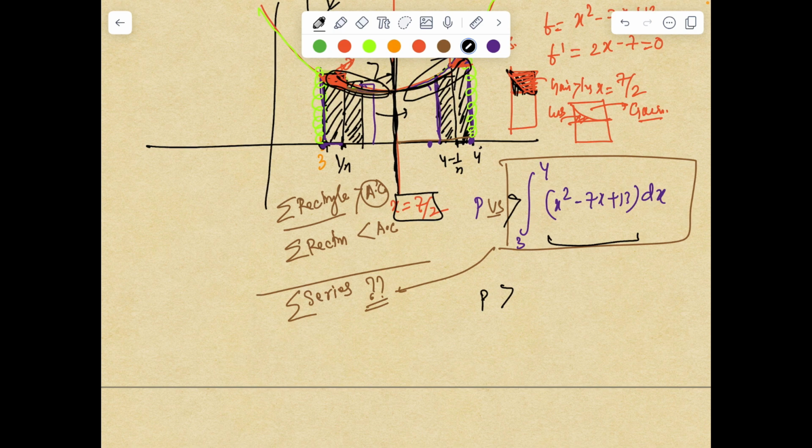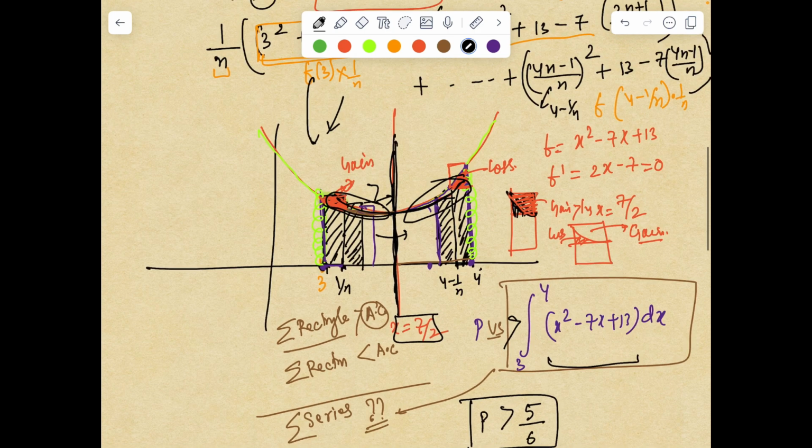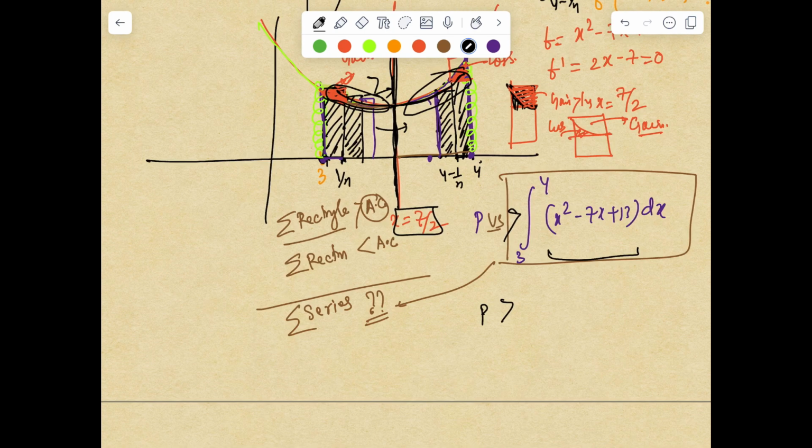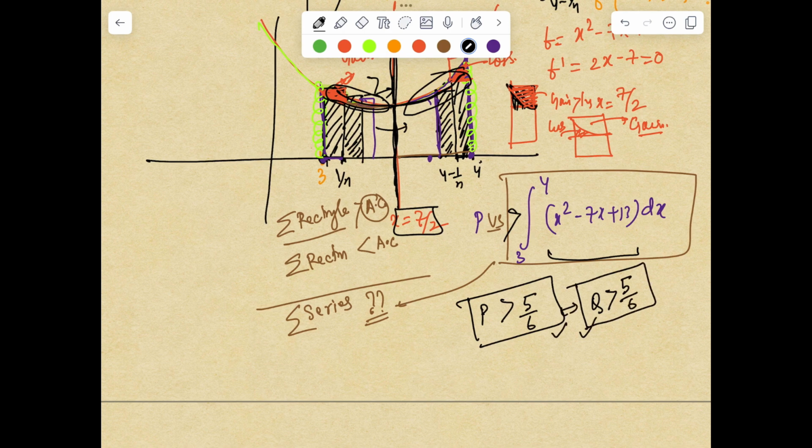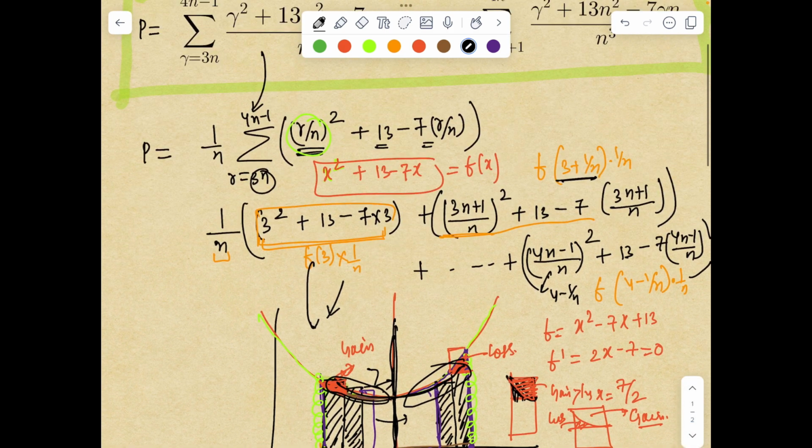Because all the options were just identical. So it's 5 by 6, so p is going to be more than 5 by 6, and hence the final answer to this problem is p greater than 5 by 6. With exactly the same argument you can defend this, and you'll get q is greater than 5 by 6. Okay, so both answers are more than 5 by 6 over here.